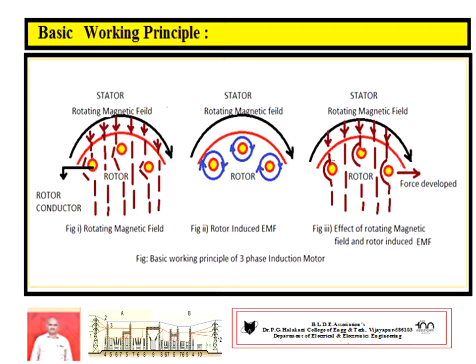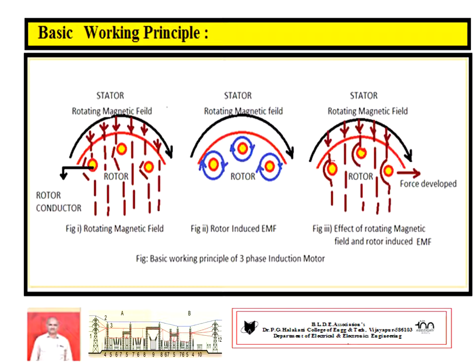Whenever a three-phase AC supply is given to the stator winding, a magnetic field is produced. Three magnetic fields are produced. Hence, one resultant magnetic field is developed, which has a constant magnitude and rotates at synchronous speed over the rotor conductor.